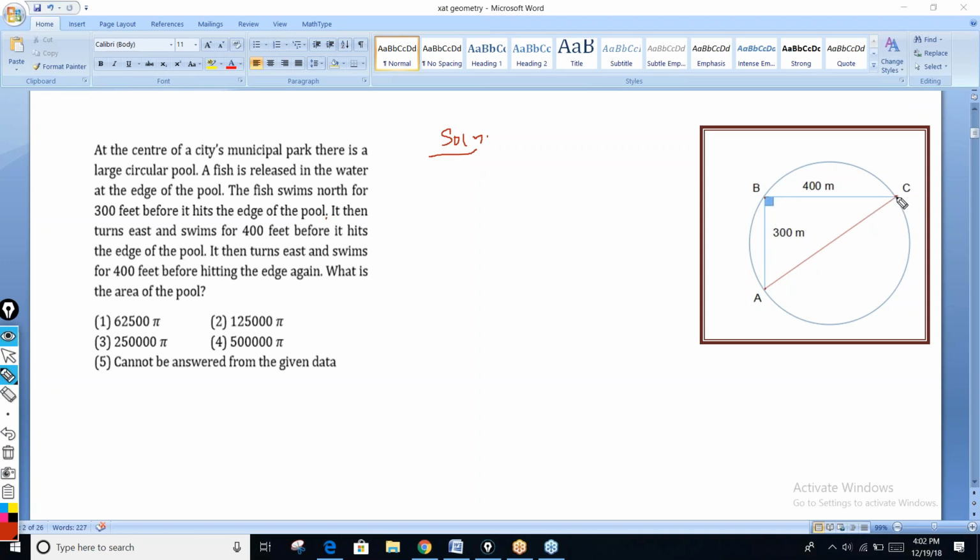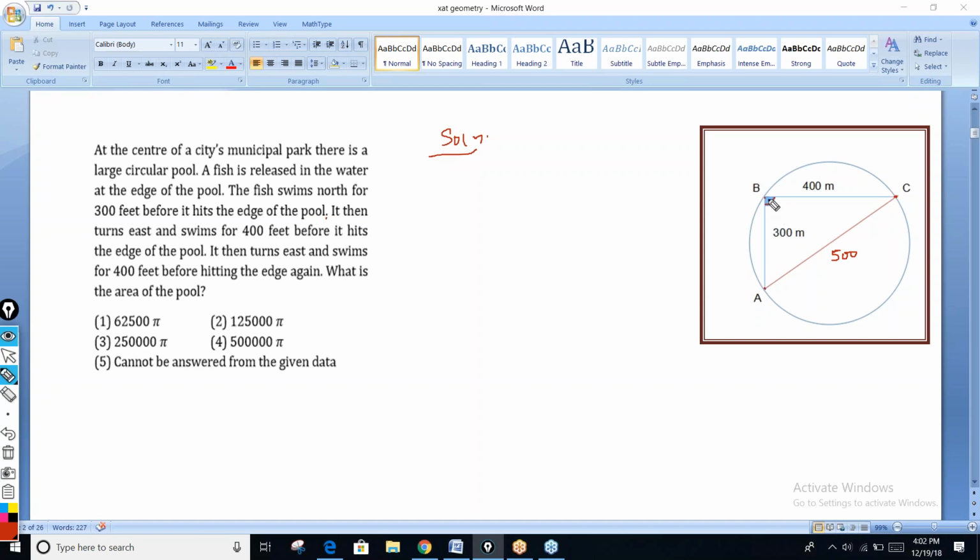So it hits, 400 meter again. Now you can see this is 300 meter and this is 400 meter, and if I join this line, this is a straight line and this is a 90-degree triangle. So can I say 300, 400? So this AC will be 500.